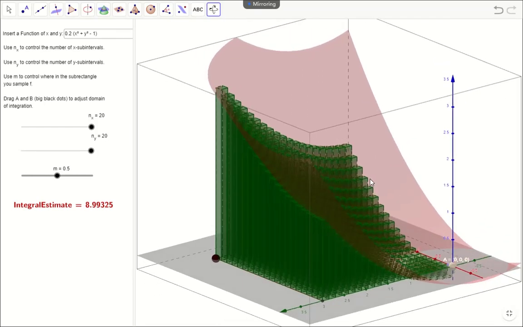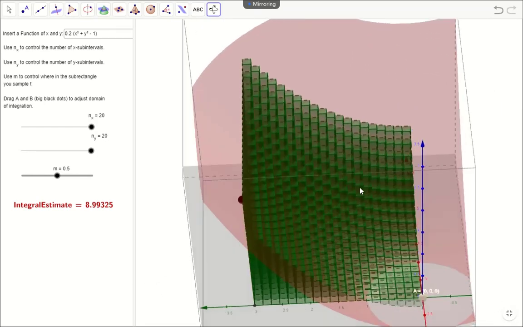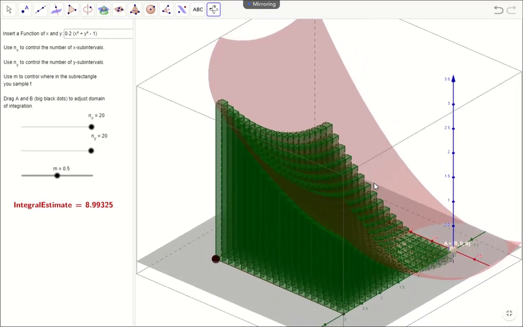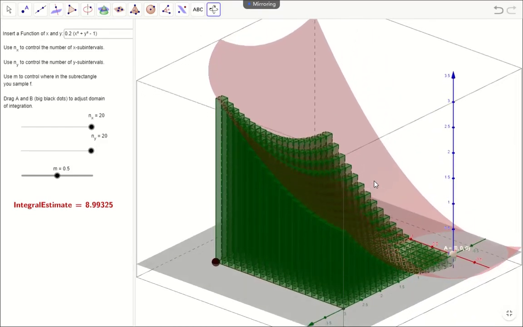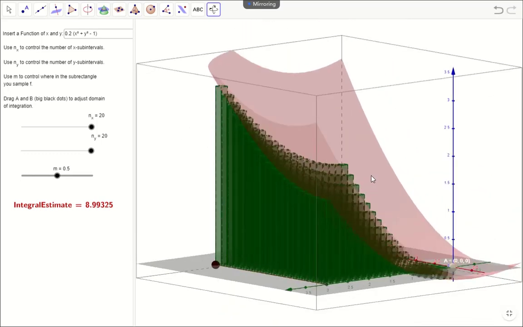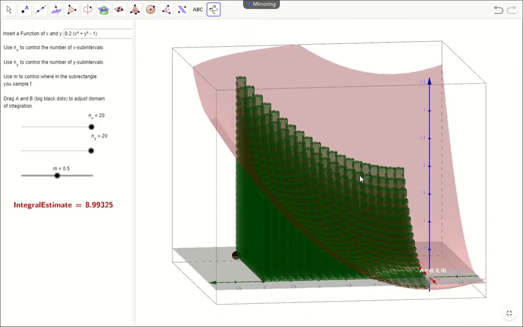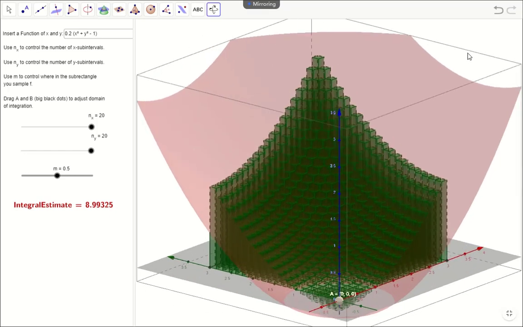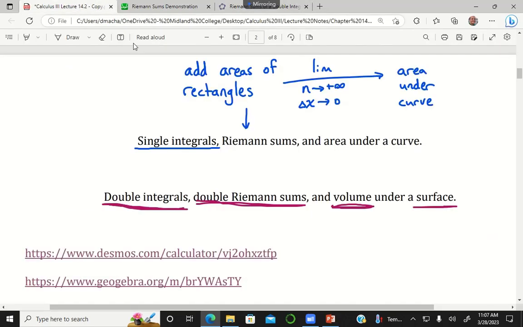And so adding up the volumes of all of the square prisms is going to be closer and closer to the volume bounded between the surface and the xy plane over that domain. Does that make sense? So if I ever say the words double Riemann sum, I mean a Riemann sum where I'm adding up all of these little square prisms. Okay, so that's the geometric intuition behind what we're doing and why we're doing double integrals.